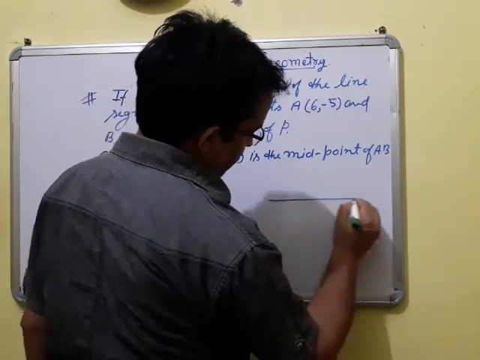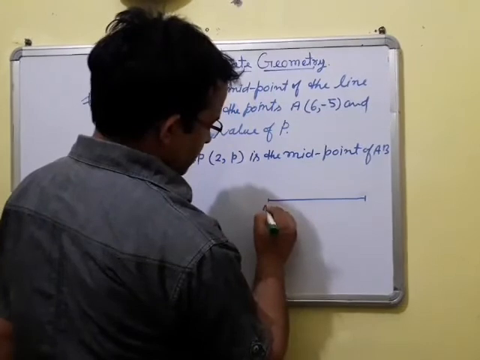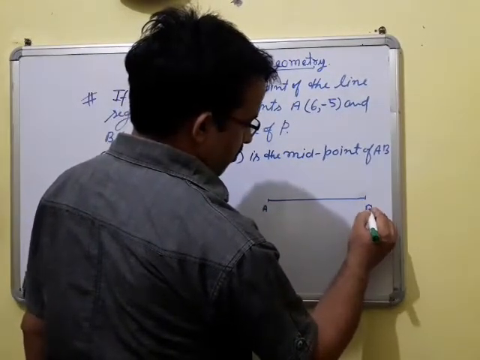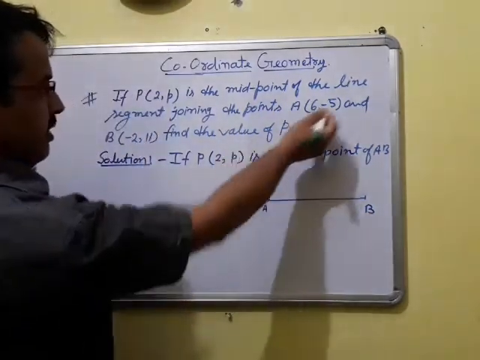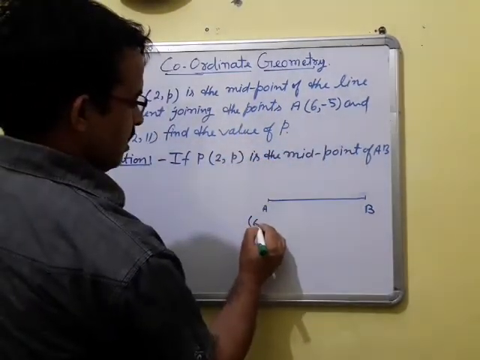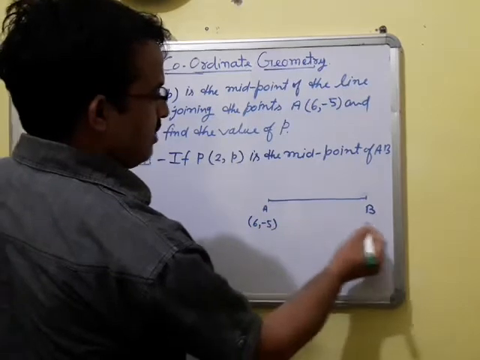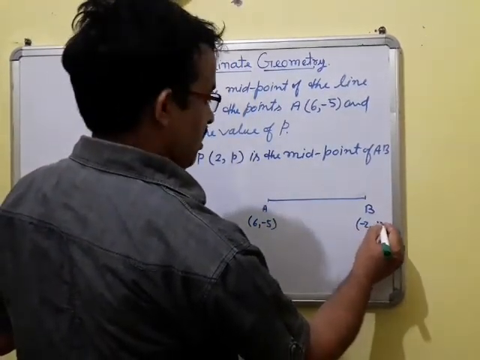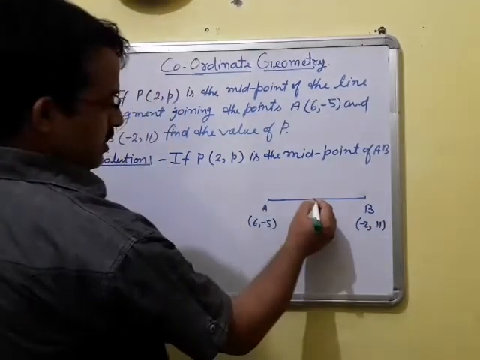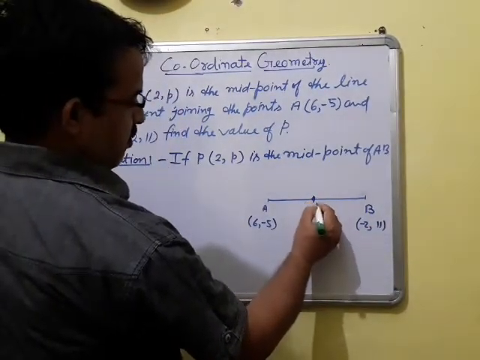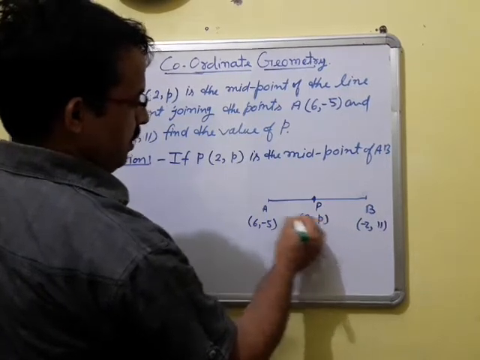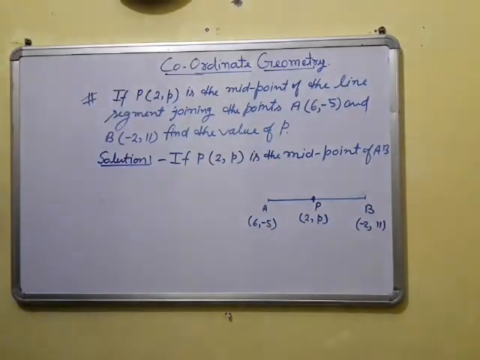Look, here is this line segment AB, with coordinates of A as (6, -5) and B as (-2, 11), and this point P is given as (2, P). Clear?